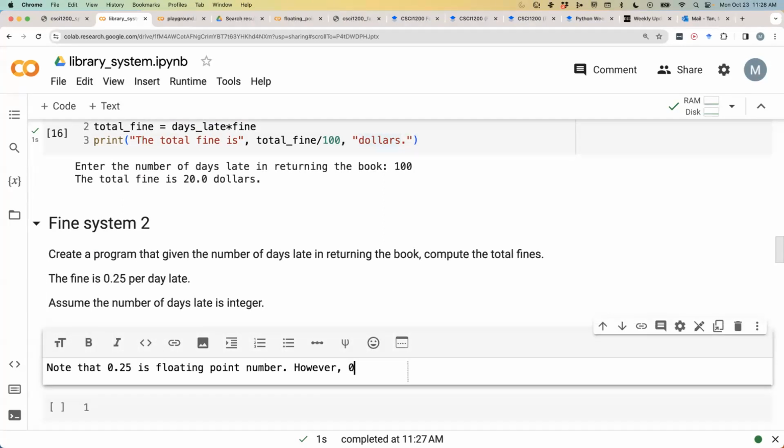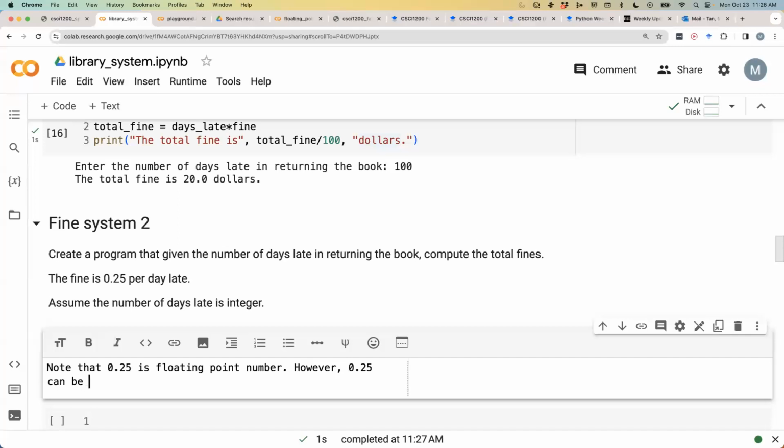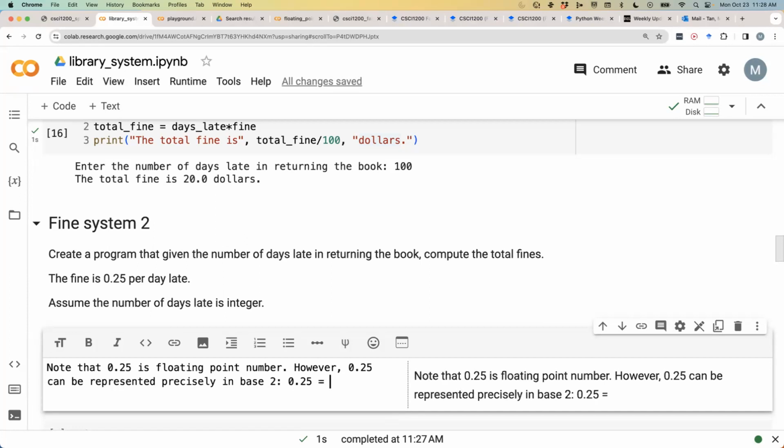However, 0.25 can be represented precisely in base 2. In particular, 0.25 is just equal to 1 over 2 to the power 2, it's basically 1/4, which is 2 to the power minus 2.